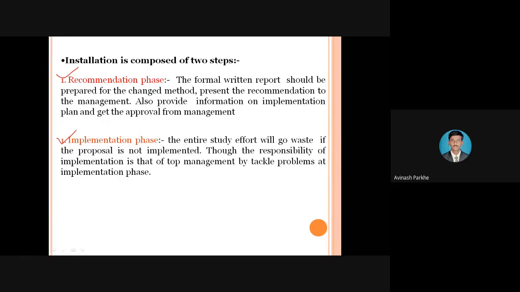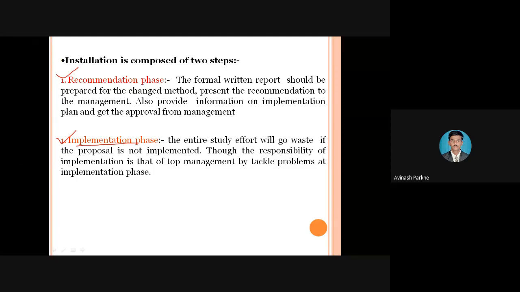Then management will review that report. They will go for a detailed study, and if management decides that there is no problem, then management will give the green signal for the implementation of the new method, and then we are going to implement that new method in our organization.